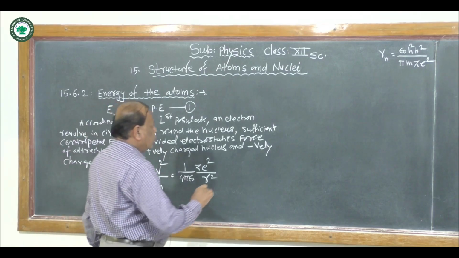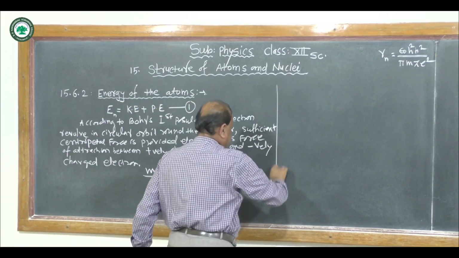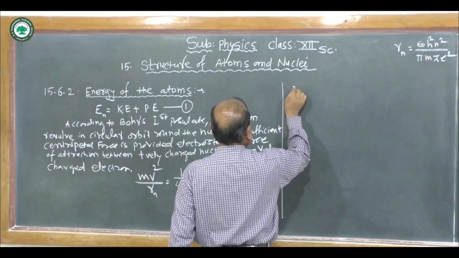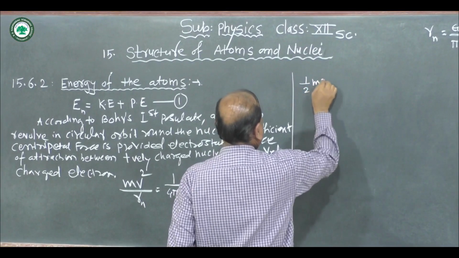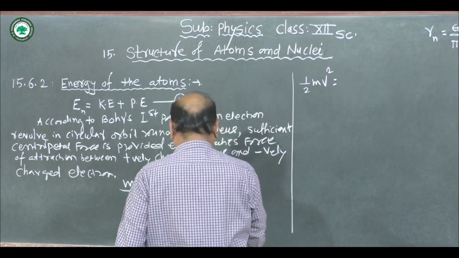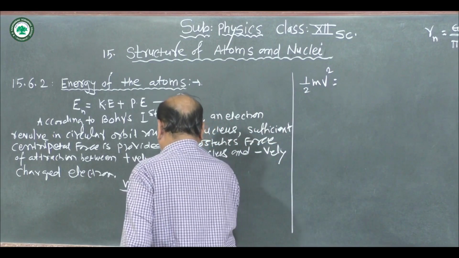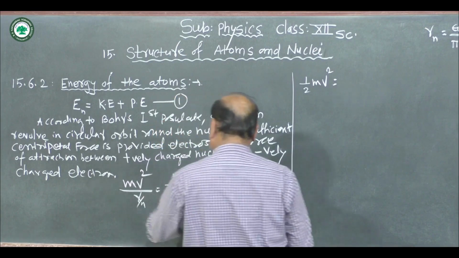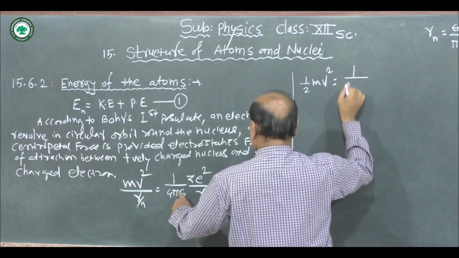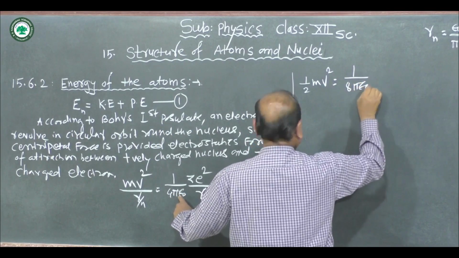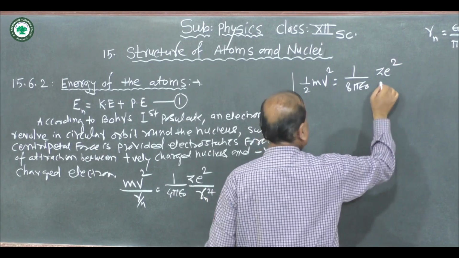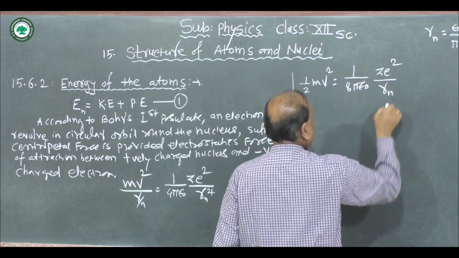Now we modify this equation as 1/2 m v square. Here the Rn cancels with the square, then 1/2 is there, and we get 1 upon 8 pi epsilon 0 Z e square divided by Rn.